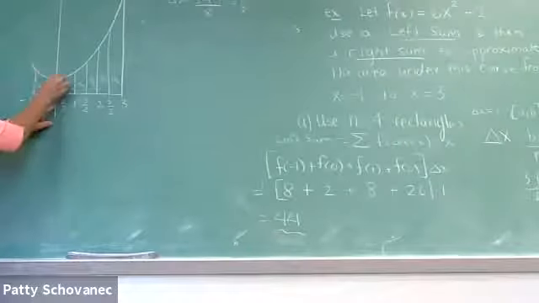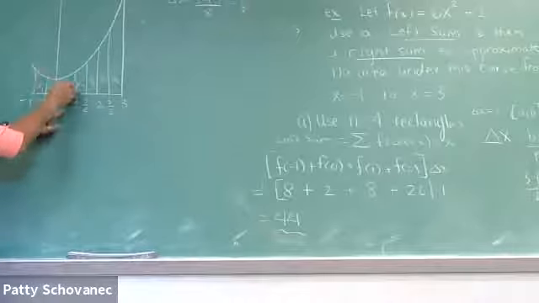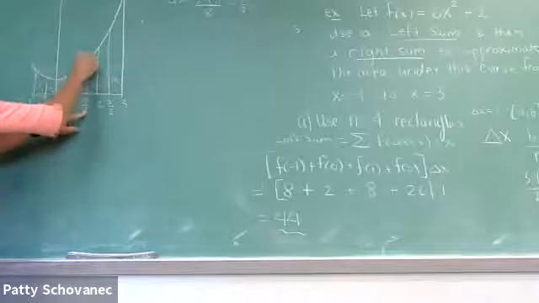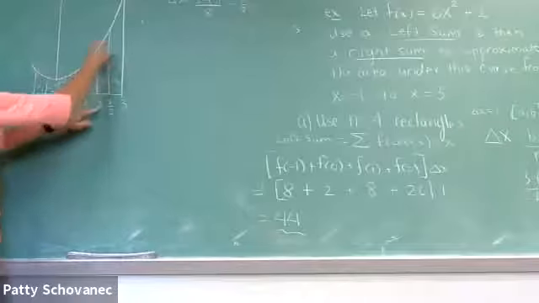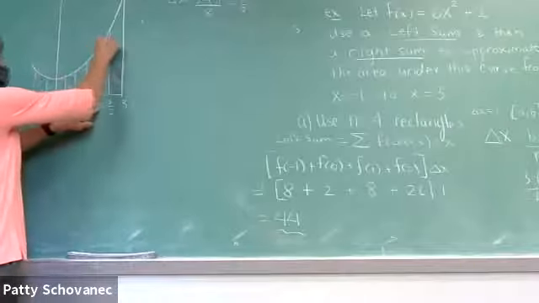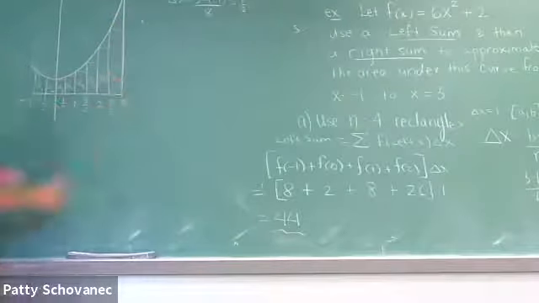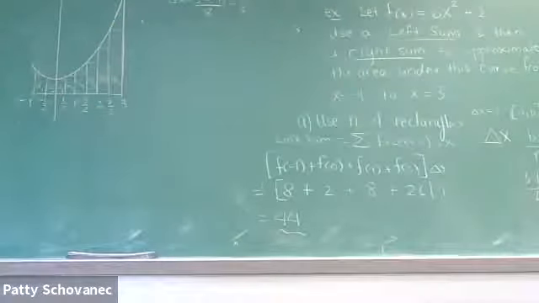My third rectangle, my left endpoint is f at 0. Then f at 1/2. Then f at 1. Then f at 3 halves. Then f at 2. And then f at 5 halves. So I'm going to write those out as my left sum.